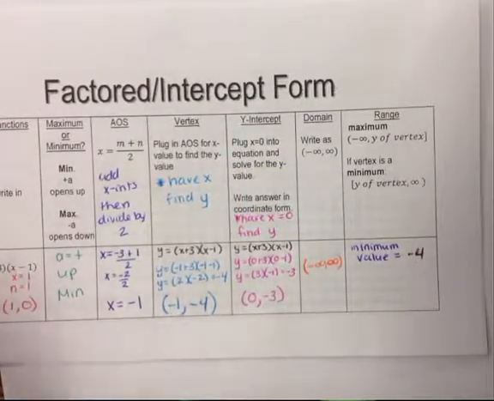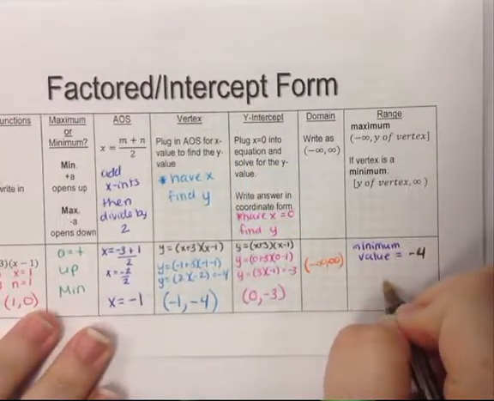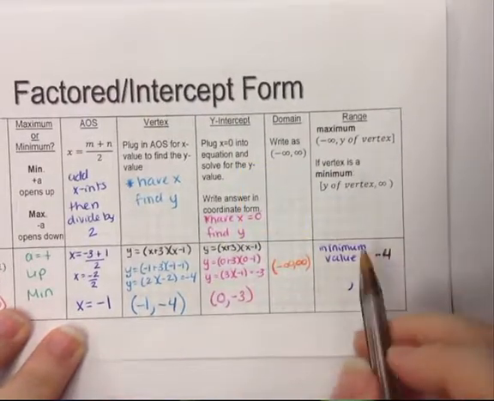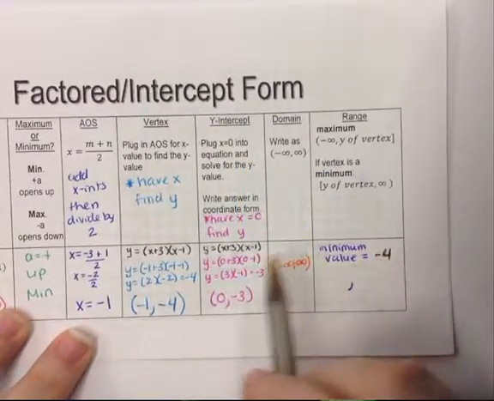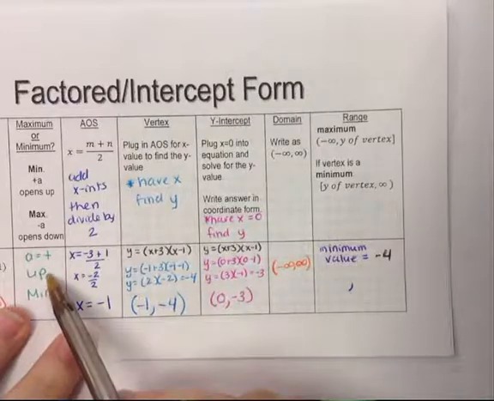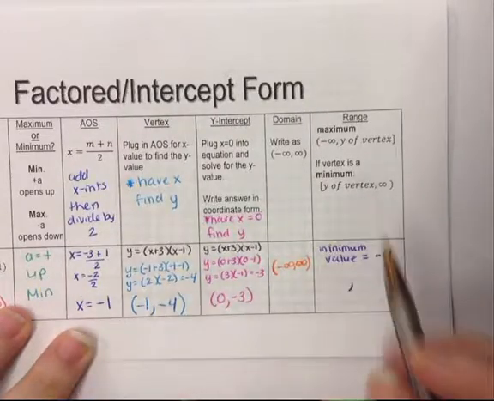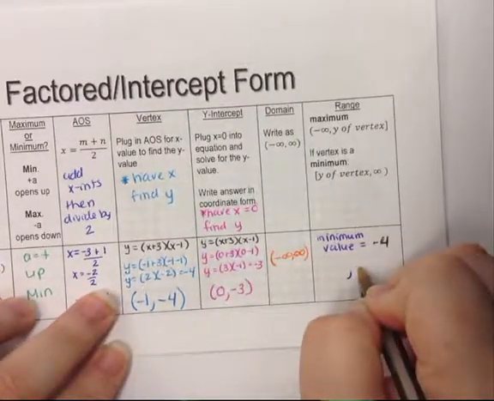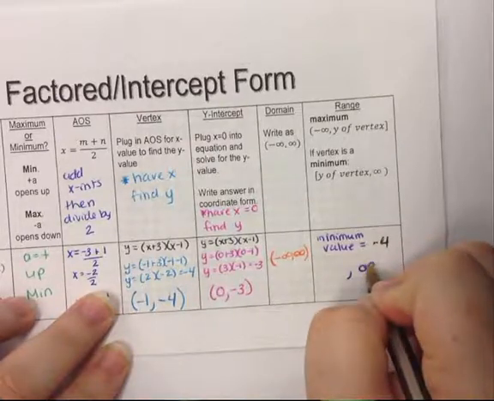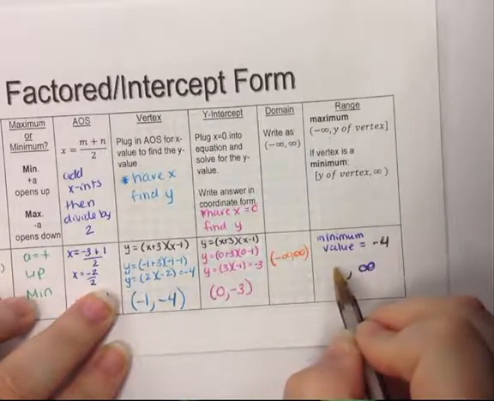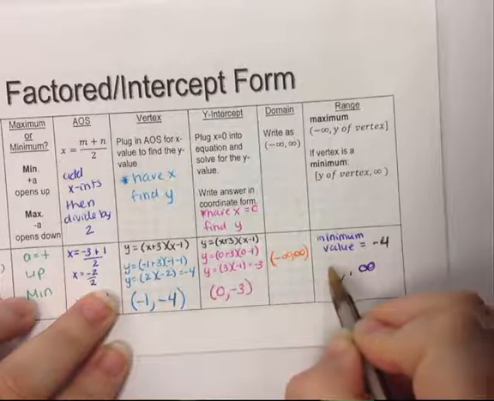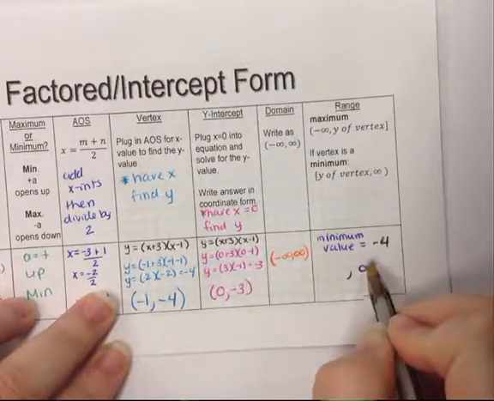So our range, I'm going to go ahead and put up my comma there. I have a minimum. And I know since it opens up, that I'm going to have a positive infinity. My positive infinity will always be on the right-hand side. Therefore, I just need to have a number on the left. The minimum should always be on the left. Minimum, maximum.